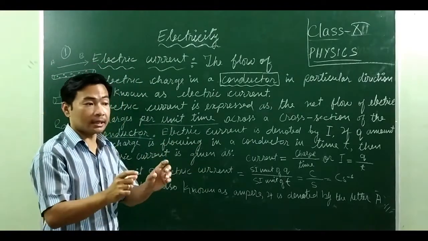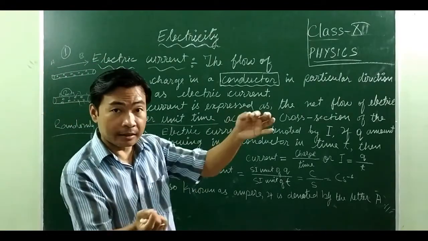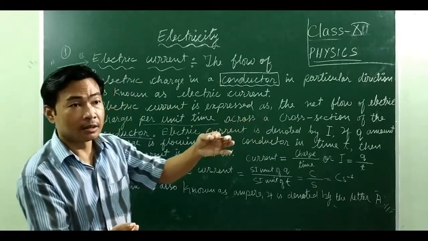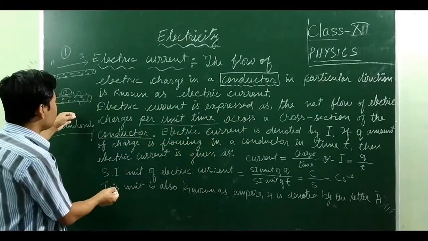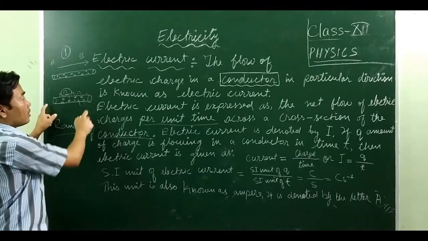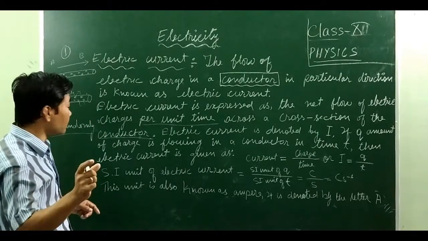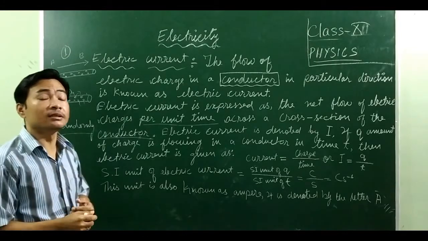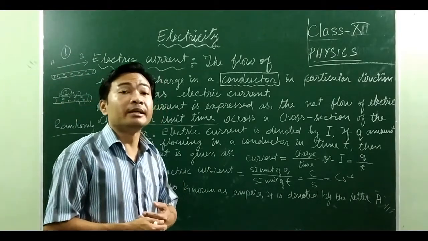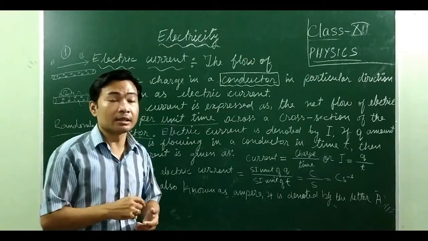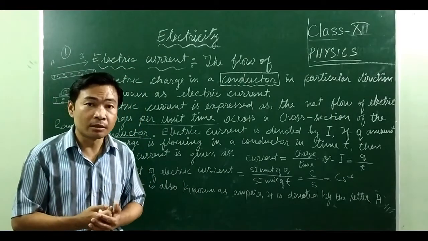But once I connect the two ends of this wire with a battery, what happens? Potential difference is there in that battery. A battery is a device which maintains a potential difference. So a question might come: name a device which maintains a potential difference.